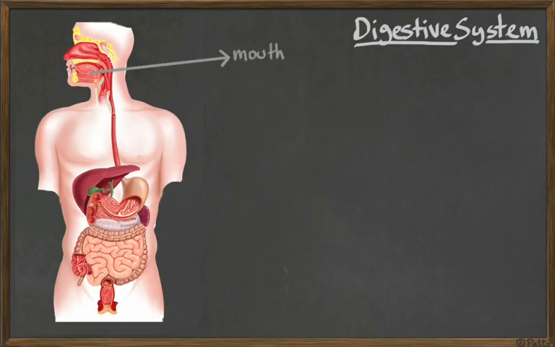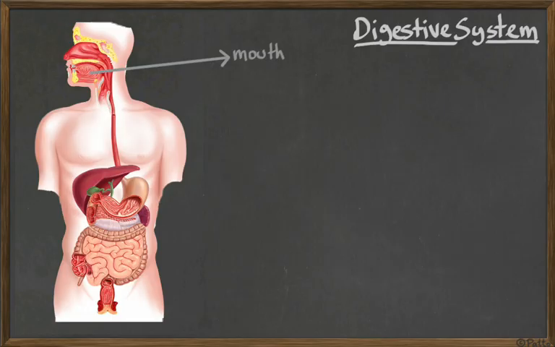Okay, so the mouth, of course, is the most obvious part of the digestive system. It is a place where we grab the food and break it down into smaller and smaller pieces. Mechanically, we have physical breakdown of food in that part using our teeth.